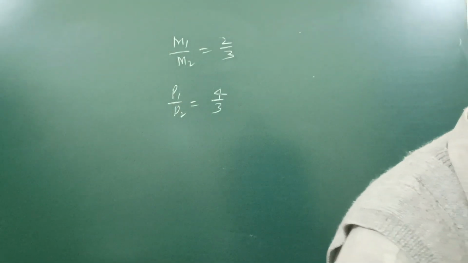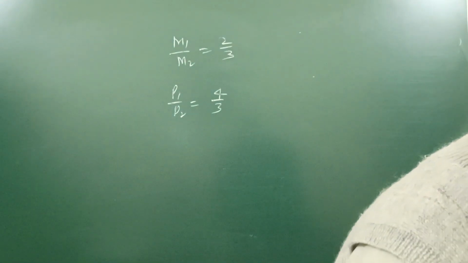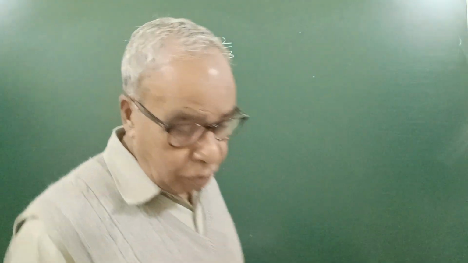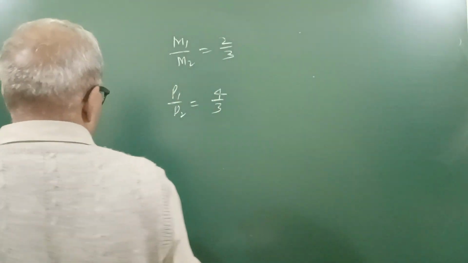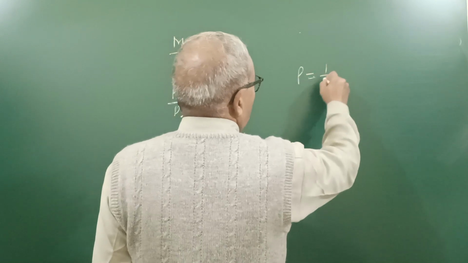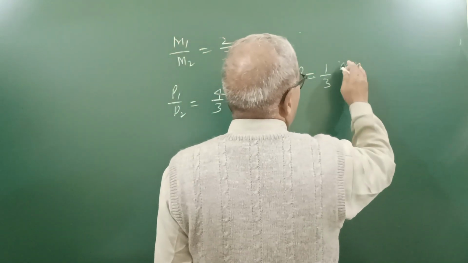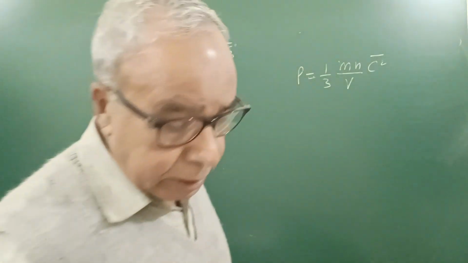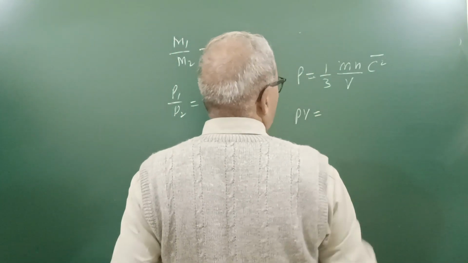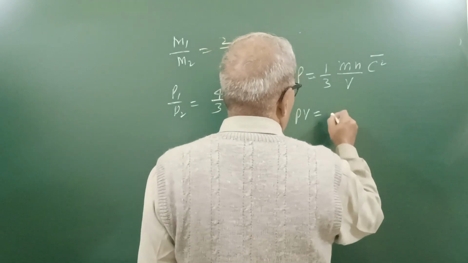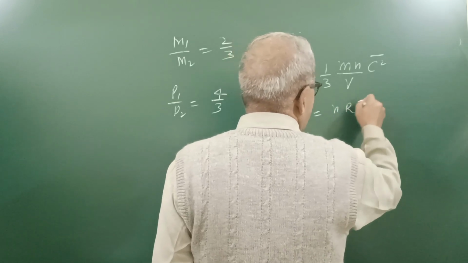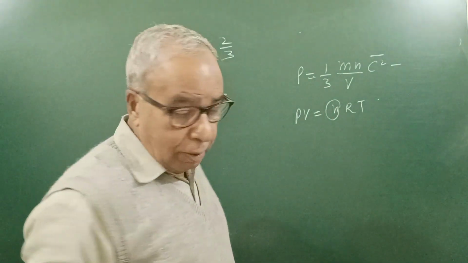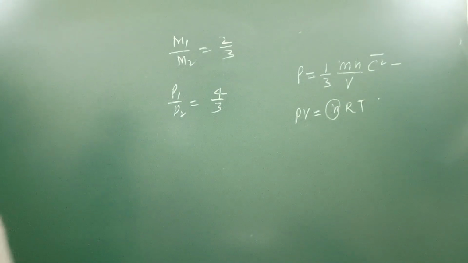So, the pressure of a gas, you know, P is equal to 1/3 m n upon V into C square bar, and we also write PV equal to nRT. What is n? It is difficult to select which one to use, so what will we do? You are given the ratio of atomic mass and you are asked density.